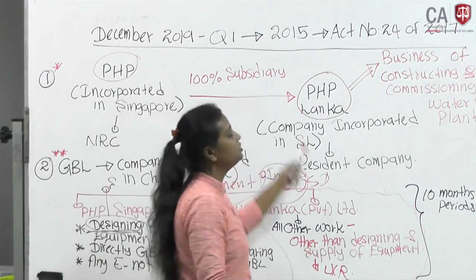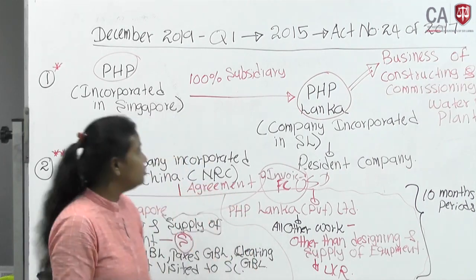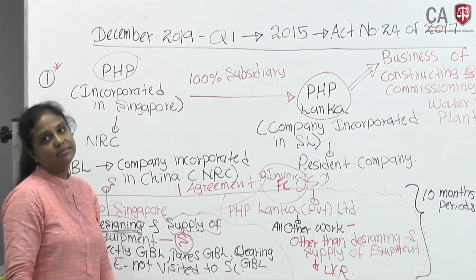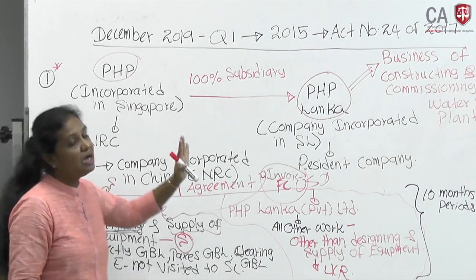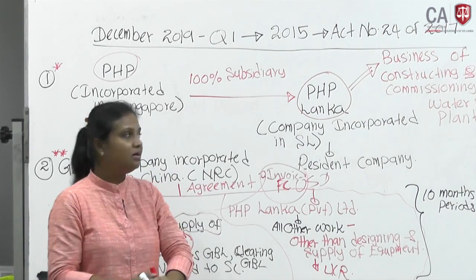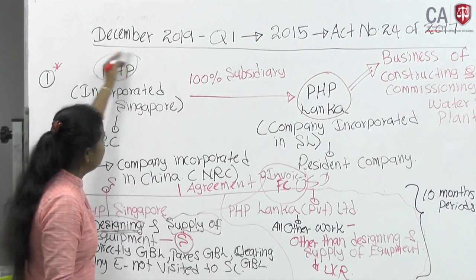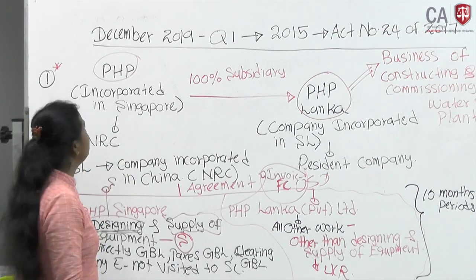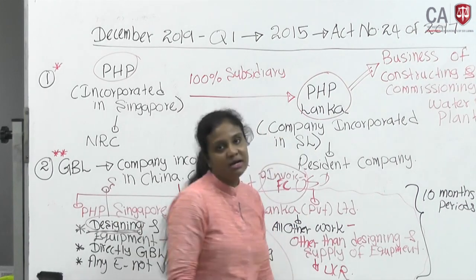Performed by PHP Lanka Private Limited. Since the entire group is doing the same business, and PHP Lanka is a fully owned subsidiary, any contract which comes in on behalf of PHP Singapore is all performed by whom? PHP Lanka.